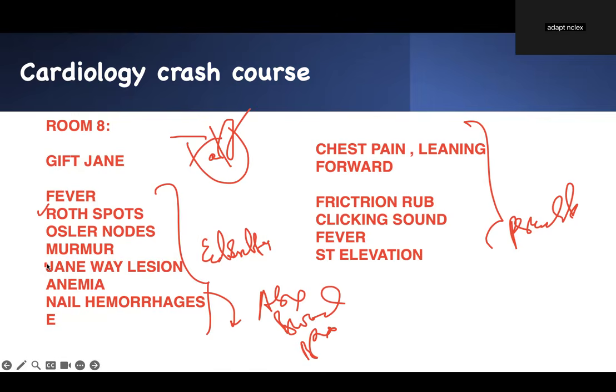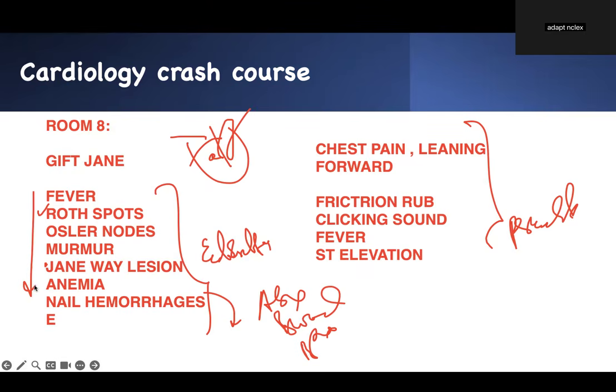They can go to dangerous places. Number one, your brain. Number two, your leg. And if they go to your abdomen, you get ischemia. So you're watching for pulmonary emboli, stroke, ischemia. Those are your priority. But for this, they are not your priority. That's endocarditis.